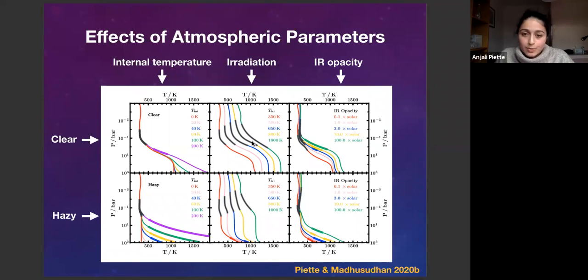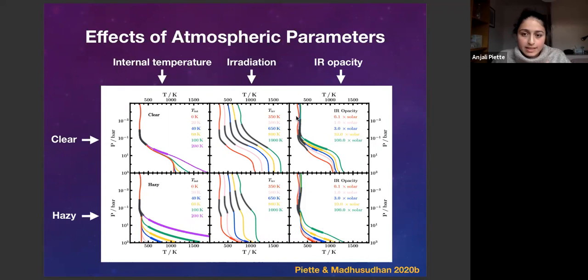On the other hand, as you'd expect, the irradiation changes the temperature of the whole atmosphere, and that does have a huge effect on the photosphere. And for the infrared opacity, as you increase the metallicity, you make the atmosphere hotter, but the photosphere also moves to lower pressures. And this is something that was also noticed by Spiegel et al.